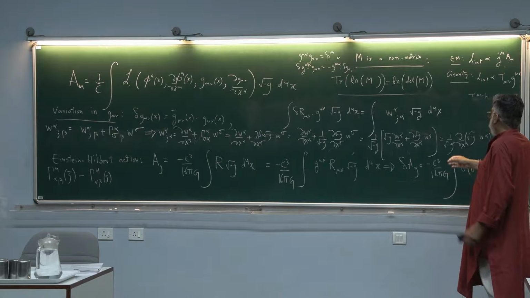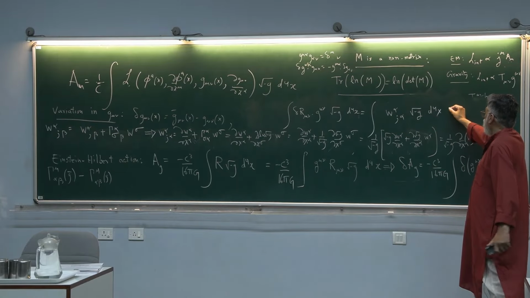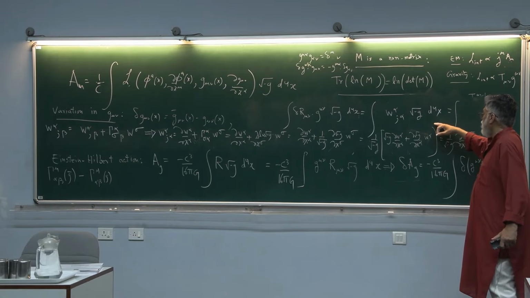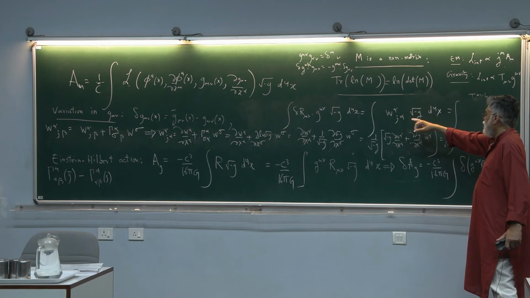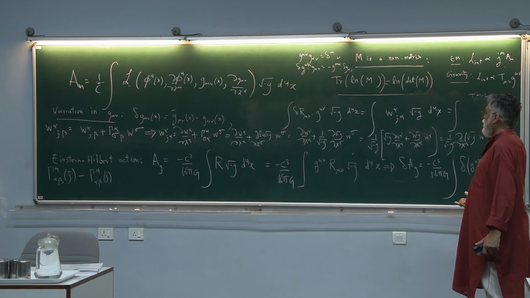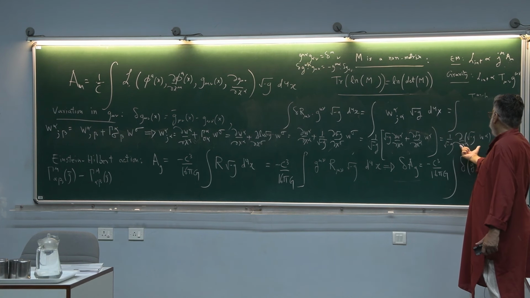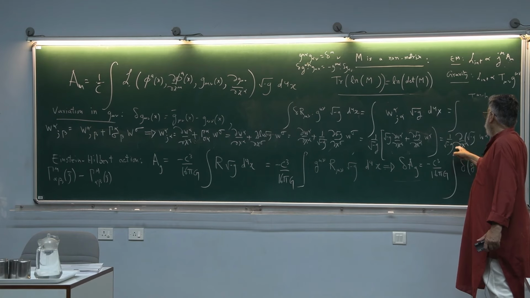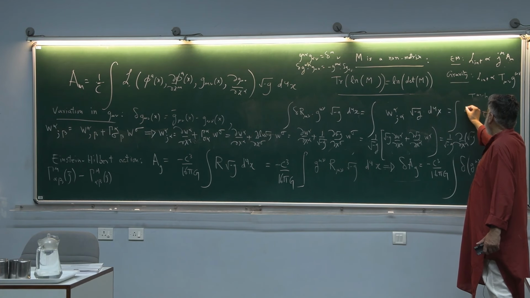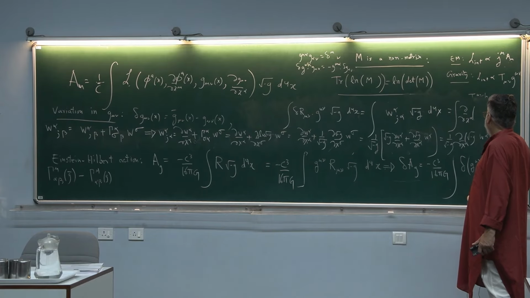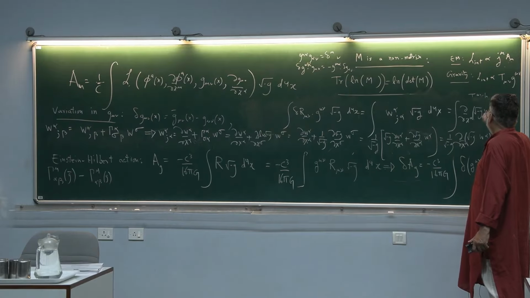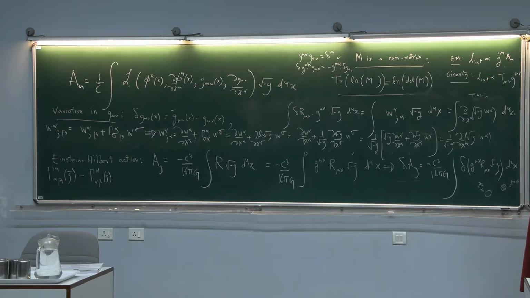In other words, after all this rigmarole, W alpha semicolon alpha is simply 1 over root minus g del by del X alpha root minus g W alpha. Root minus g cancels, and this is an integral of del by del X alpha of root minus g W alpha integrated over the full space-time volume.